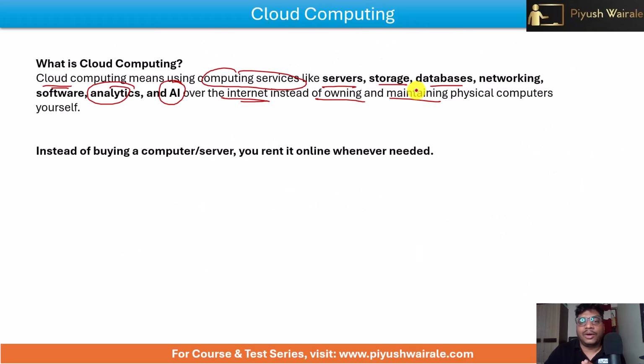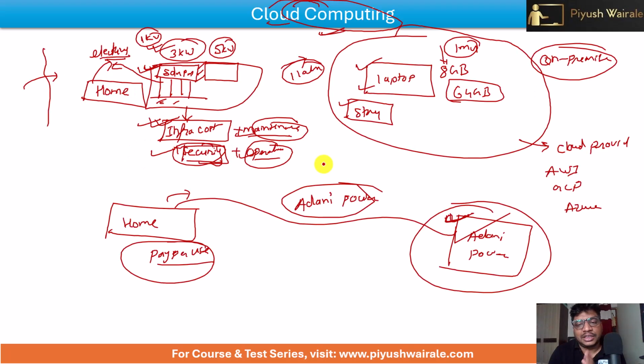Instead of having all these things, we can use services like server, storage, database from a third party. That is what cloud computing is. So instead of buying a computer or server, you can rent it online whenever required. This is the simple concept of cloud computing. I hope this explanation is enough to understand what cloud computing is.